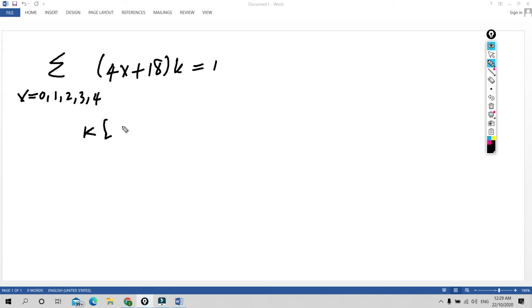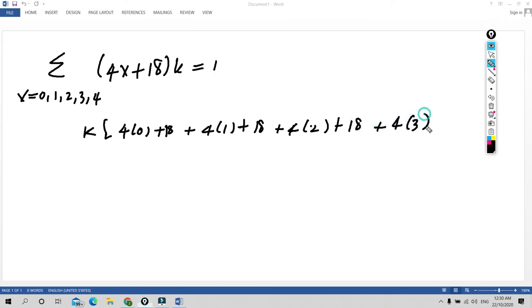So k times 4 multiplied by 0 plus 18, plus 4 multiplied by 1 plus 18, plus 4 multiplied by 2 plus 18, plus 4 multiplied by 3 plus 18, plus 4 multiplied by 4 plus 18. This is equal to 1.